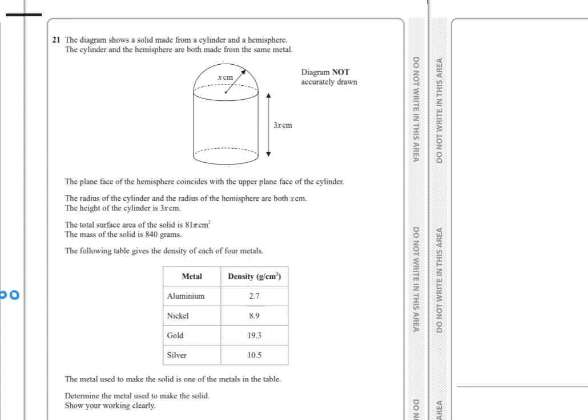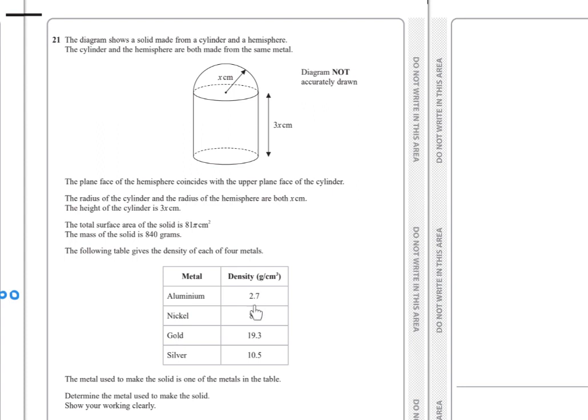The following table gives you the density of each of 4 metals. The metal used to make the solid is one of the metals in the table. Determine the metal used to make the solid. Show your working clearly. So we need to know which metal used: aluminium, nickel, gold, or silver.